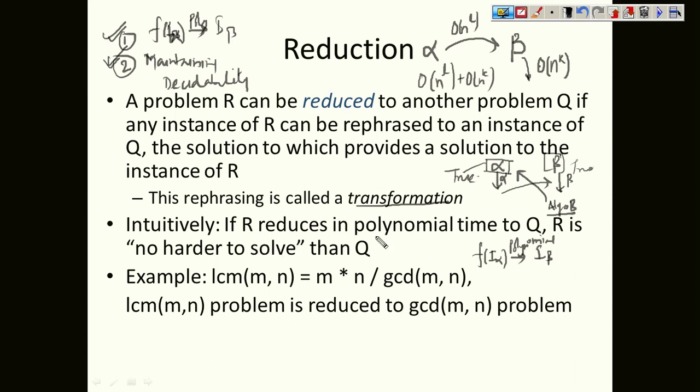So if R reduces in polynomial time to Q, R is no harder to solve. If we are able to convert the alpha problem to beta, and beta can be solved in polynomial time, that means alpha can also be solved in polynomial time. Okay, so moving to the next.